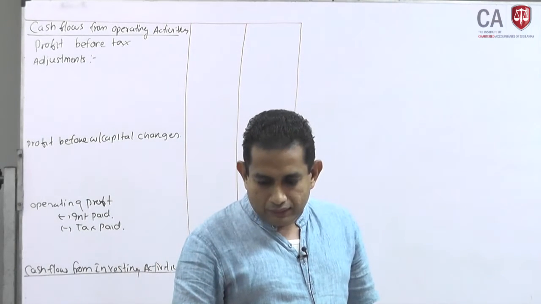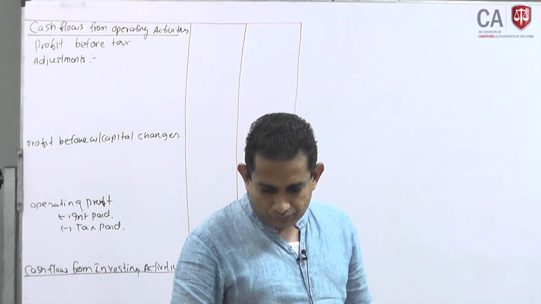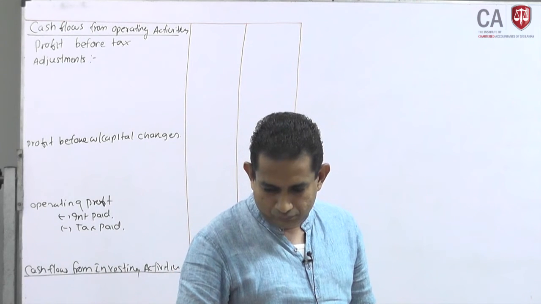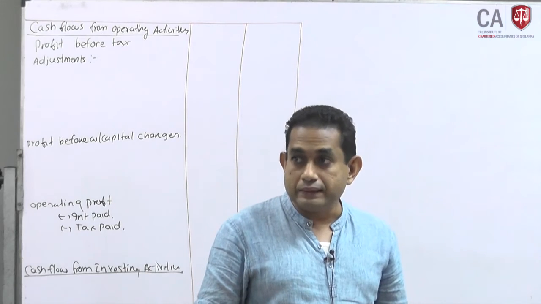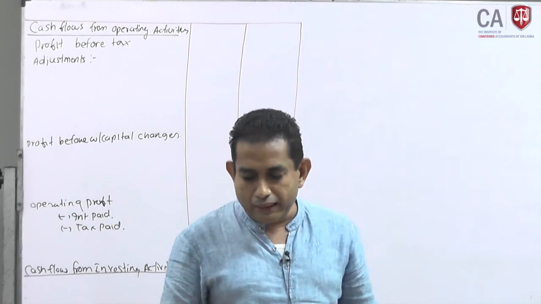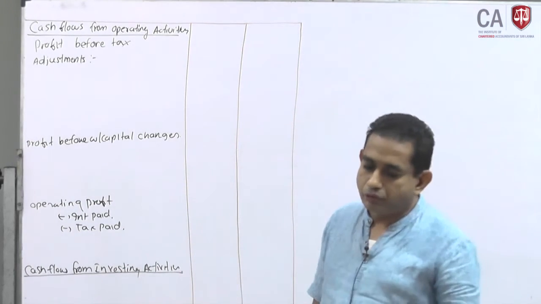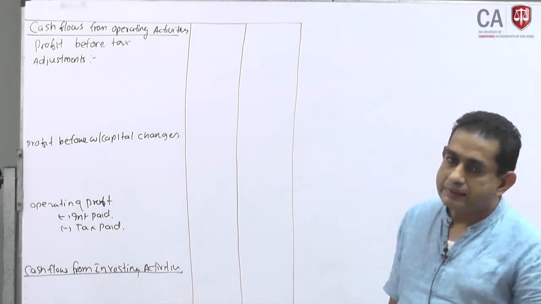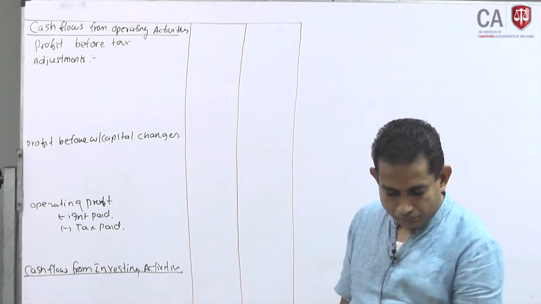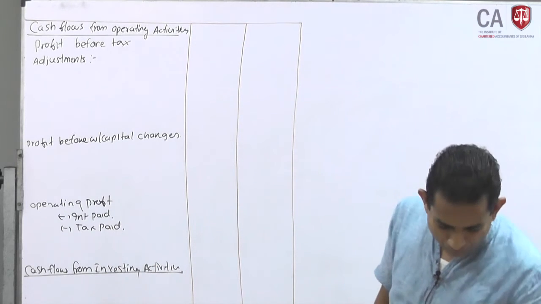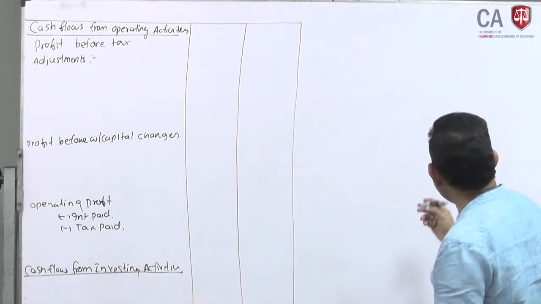So, we will start with the adjustments given. Depreciation charge for the year is 35,000 rupees and assets with a carrying value of 45,000 were sold at 78,000 rupees. Now, you need to listen to this.